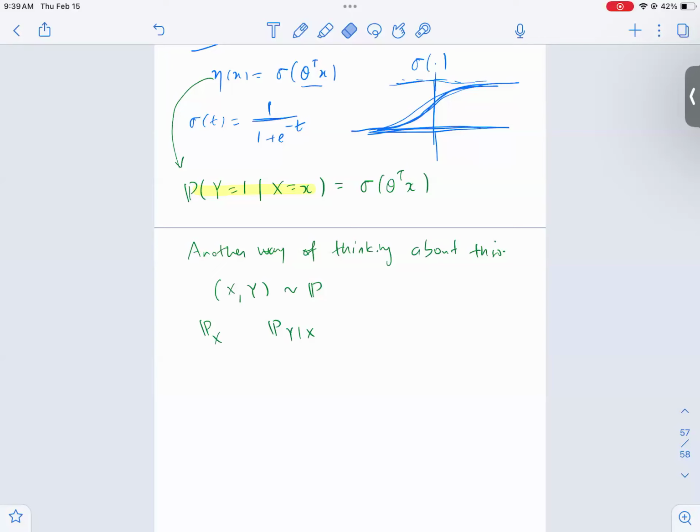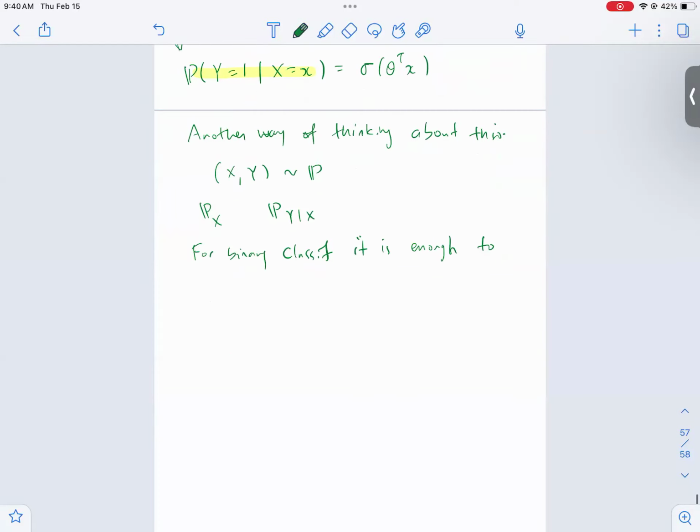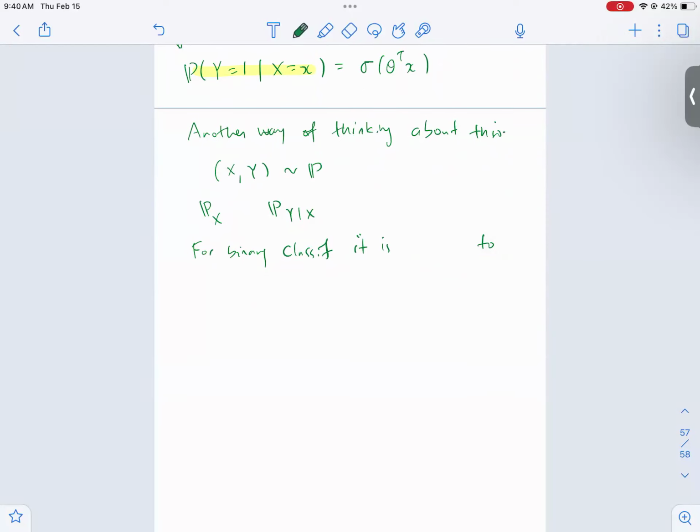But for binary classification, it is enough to model just the probability of y equal 1 given x.